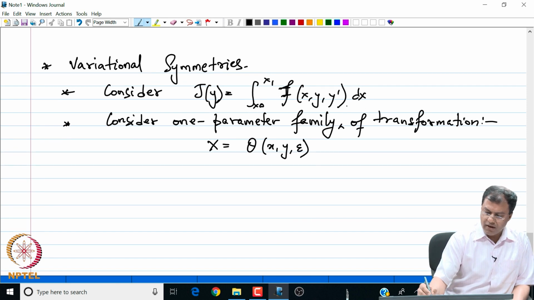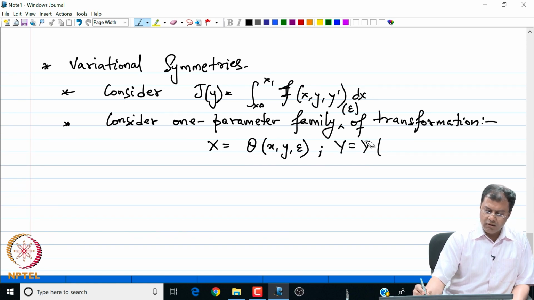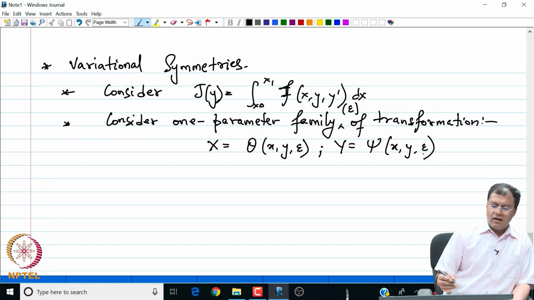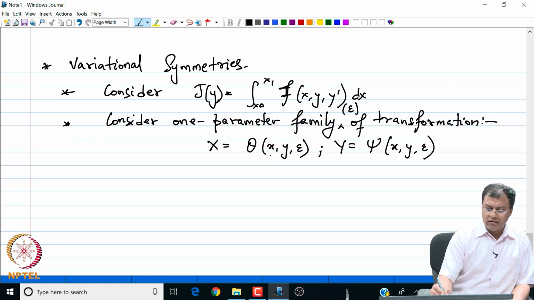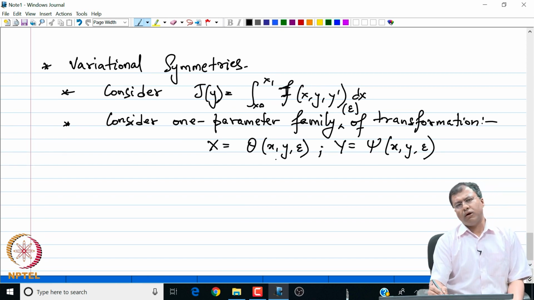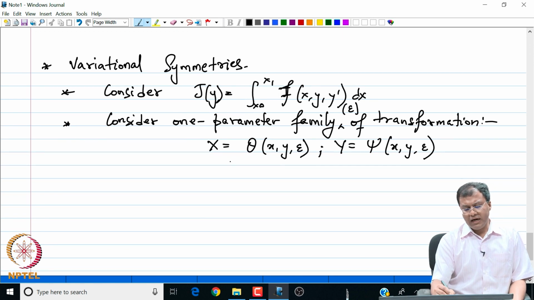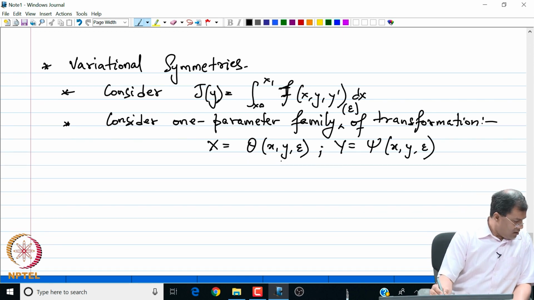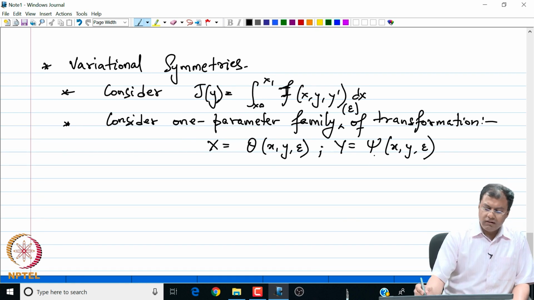So, my one parameter family is the parameter epsilon, and my y component, well, I call this function psi, which is a function of x, y and epsilon. So, my original coordinate axis is x, y. Let us talk about the problems in 2D, and my new coordinate axis is capital X, capital Y. And theta and psi represent the transformation from the original to the new coordinate system.